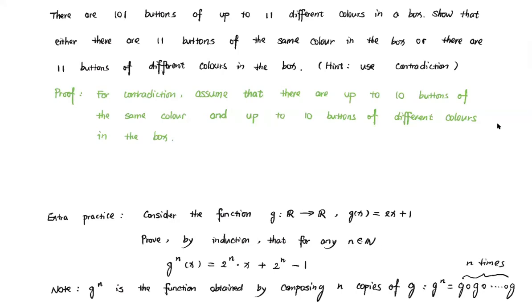The reason that we choose 10 is because here we want not equals to 11, and we know it has to be less than 11. Since it's an integer, less than 11 is the same as less than or equal to 10. That's why we pick 10.